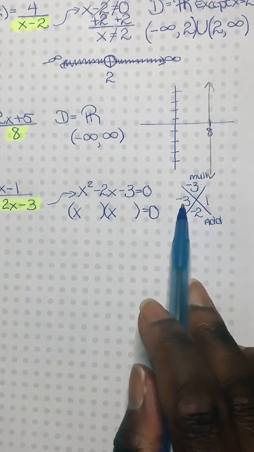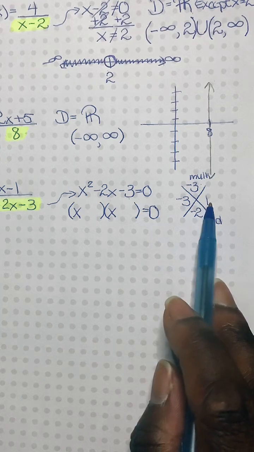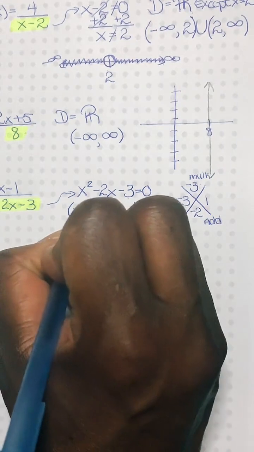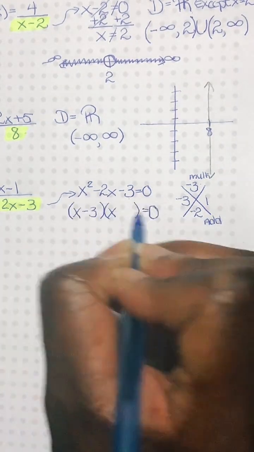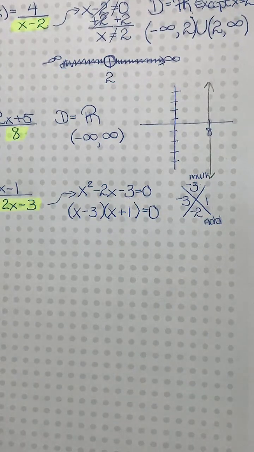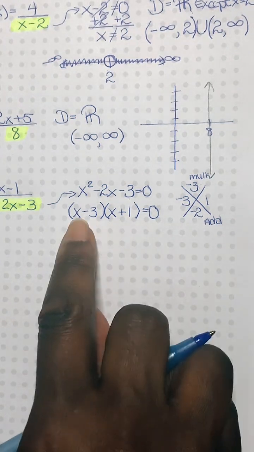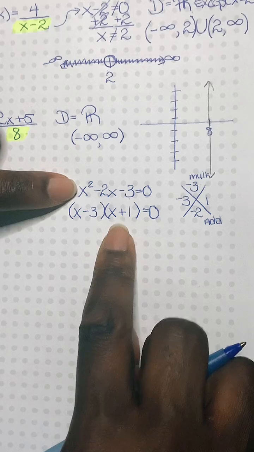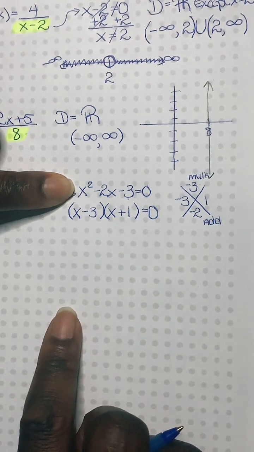So these two factors, the -3 and the 1, go inside the parentheses. So we have -3 here and a +1 there. All right. So x minus 3 times x plus 1 are the factors of x squared minus 2x minus 3.